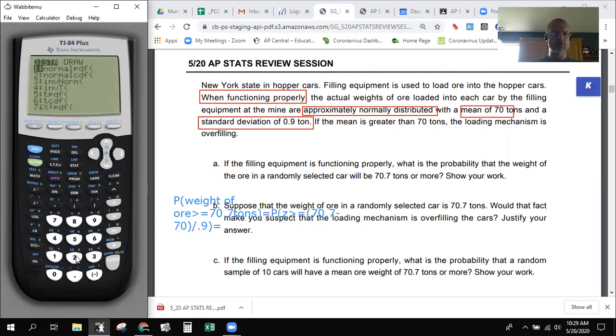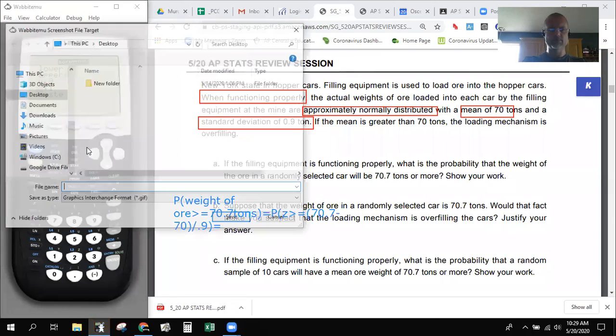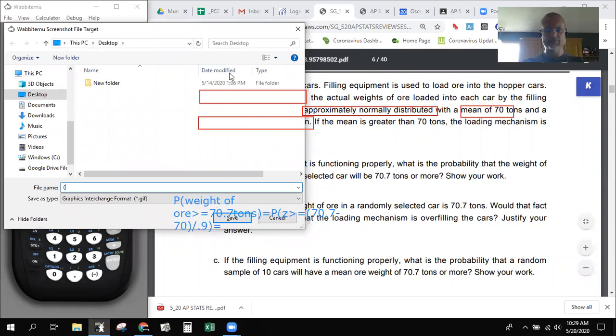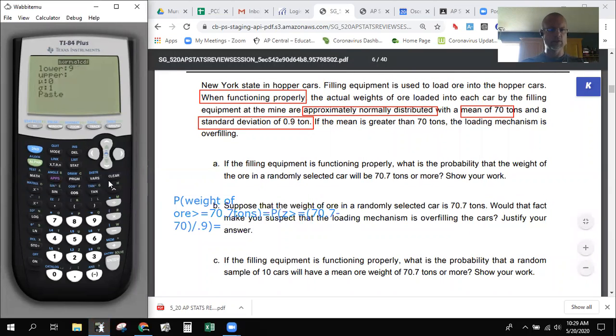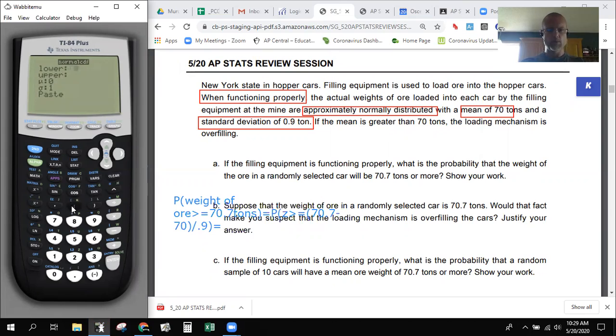Distribution, normal CDF. Since we're doing a greater than version, our lower is 70. Clear. Parentheses 70.7 minus 70 parentheses divided by 0.9, and the upper is 10 to the 99th.